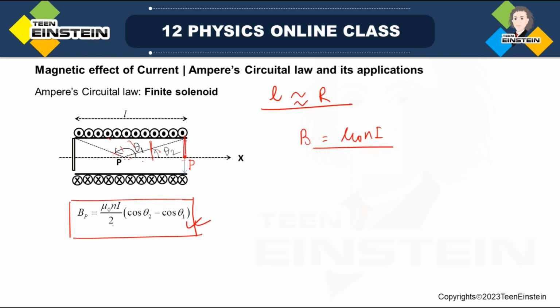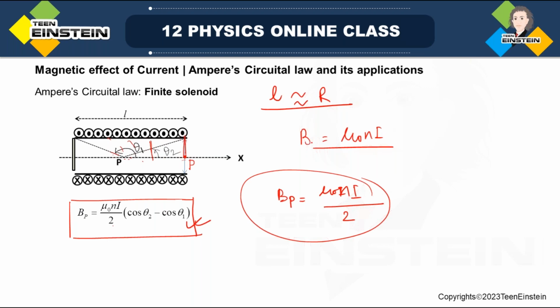So we get the magnetic field at the edge of the solenoid as mu0 n i by 2. This is half of the magnetic field inside the solenoid.